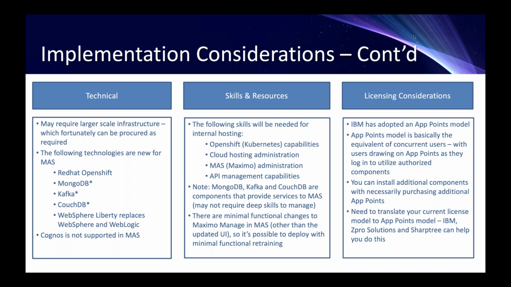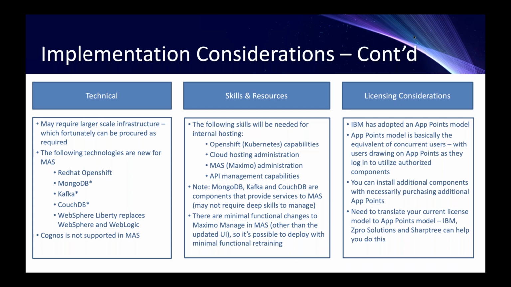One other thing that's not on here, I do want to mention, we talked about hosting, and a lot of this move to OpenShift and Red Hat is following and making it possible for organizations like Sharptree and ZPro to offer Maximo as a service, or to treat it as more of a managed service. So I think that's a big thing that's underpinning a fairly large technical shift that will make the overall management of Maximo a lot easier.